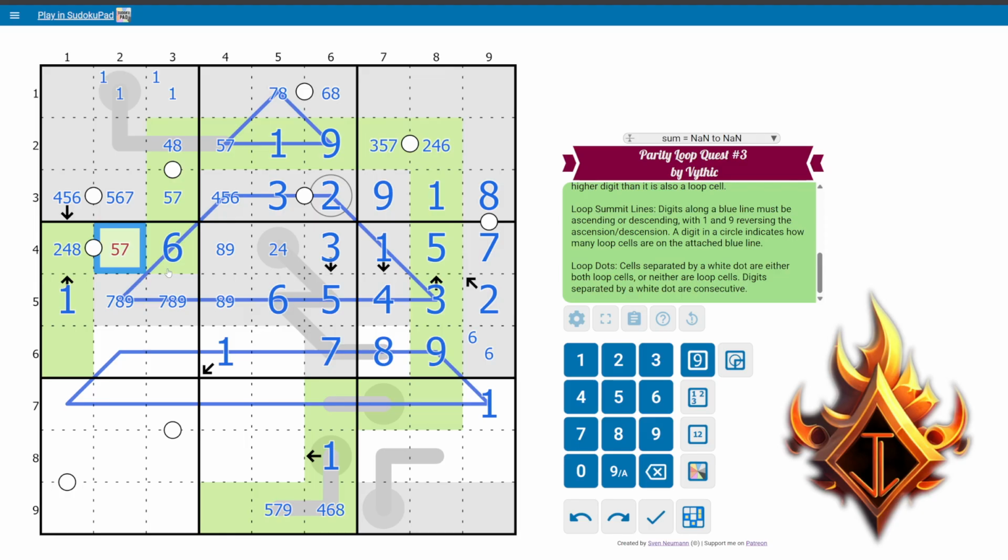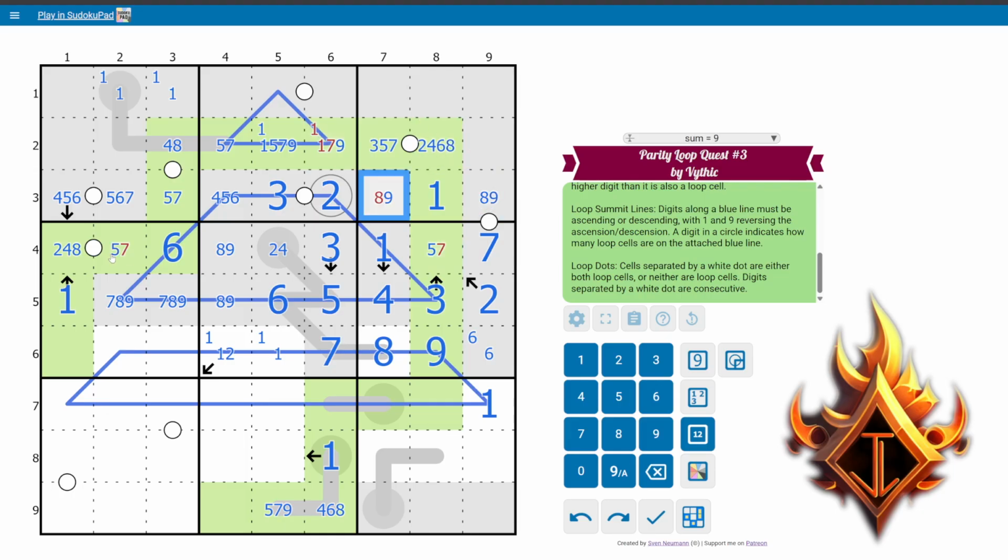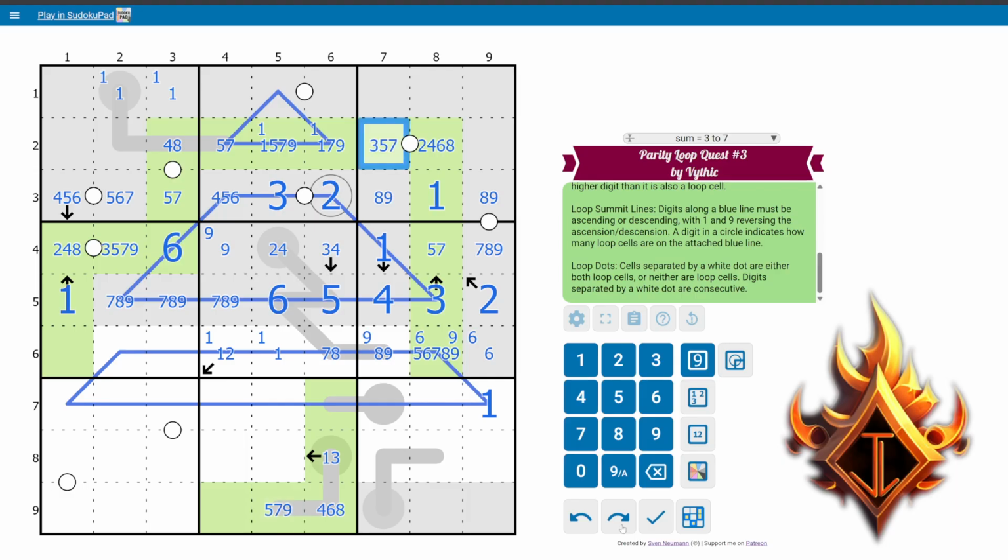Why can't it be 9? Because that would be 8. Let me back up all the way to where I changed that. Okay, right around there.